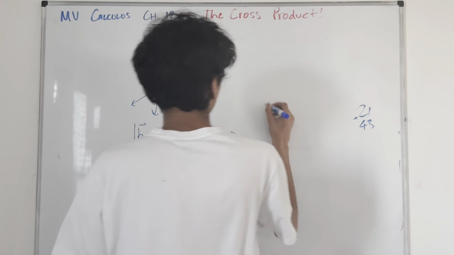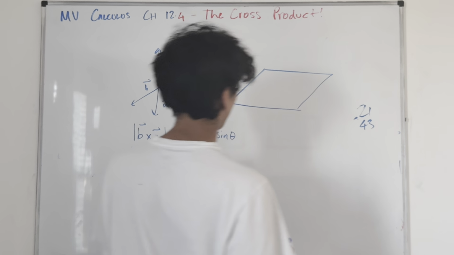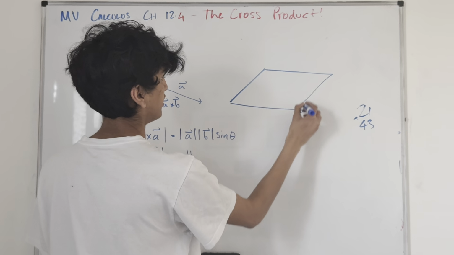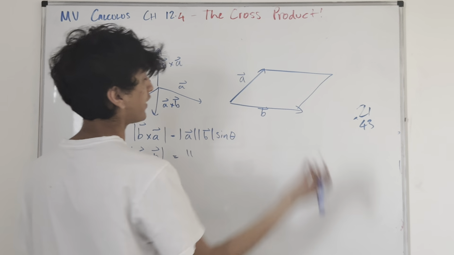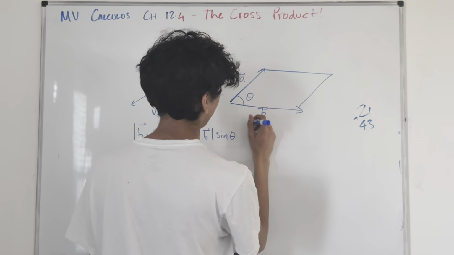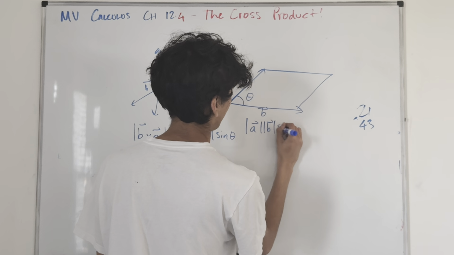It's because, hey, let's say you have a parallelogram, right? Let's say this is a vector A, and this is a vector B. I can find the area of this parallelogram by taking the cross product, going through the determinants and the minors or whatnot, and then taking the magnitude, because I know there's going to be some angle theta, and I know the area is just going to equal the magnitude of A times the magnitude of B times sine theta, which is just the same as the cross product.